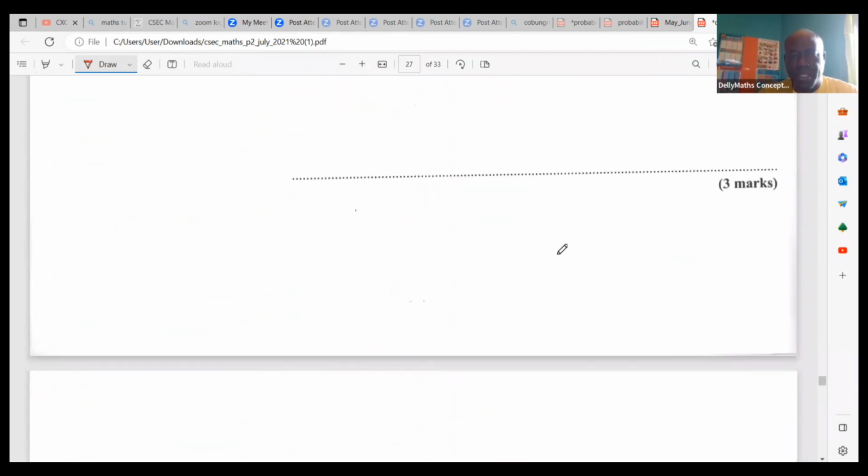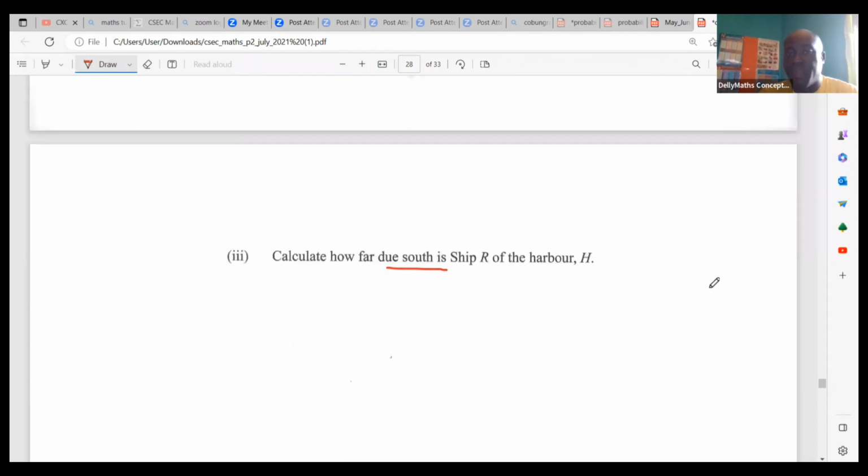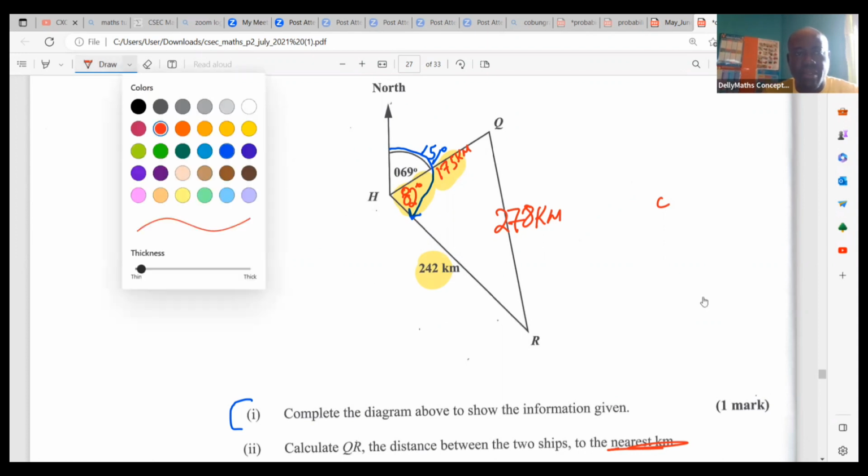Now the next question says, how far due south is the ship R of the harbor H? How far due south is ship R from the harbor H? Now, what we're looking at is, let us quickly identify some things.